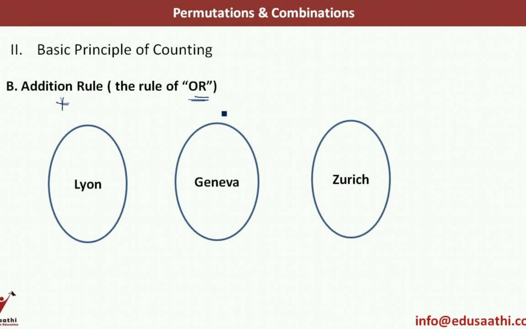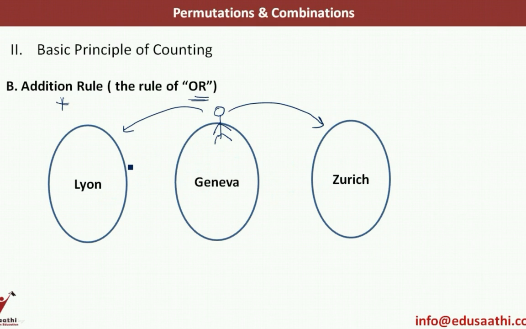Now let's suppose that in this case I am here at Geneva. I am here, but for some reason I don't like the city. I would either want to shift to Lyon, or I would want to shift to Zurich. Okay, so now remember that I've said or. Either I'll move to Lyon or I'll move to Zurich because I don't like Geneva for any reason.